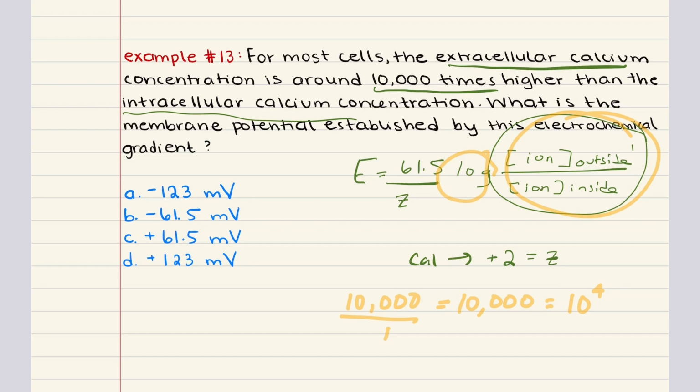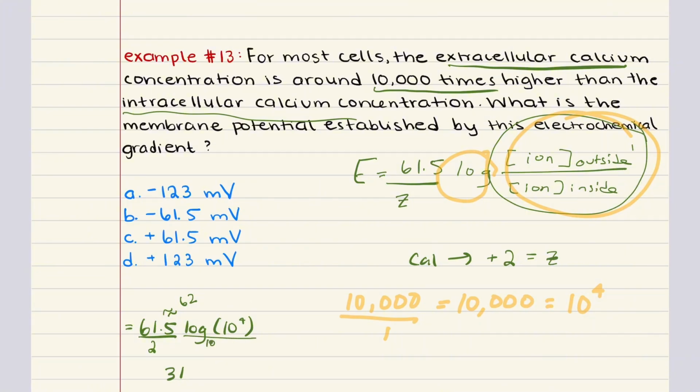Now we have everything we need to plug things into our equation. We have 61.5 divided by 2 multiplied by the log of 10 to the power 4. Now I'm going to approximate 61.5 to 62. 62 divided by 2 is 31. 31 is multiplied by log 10 to the 4.